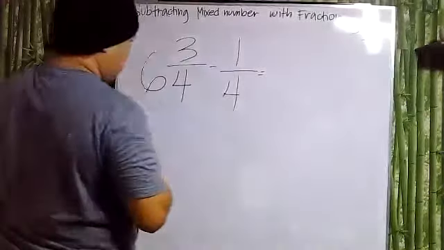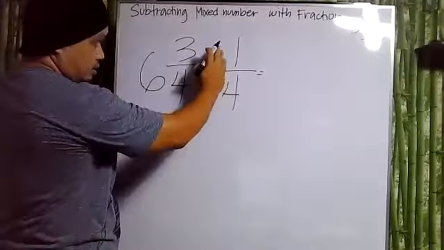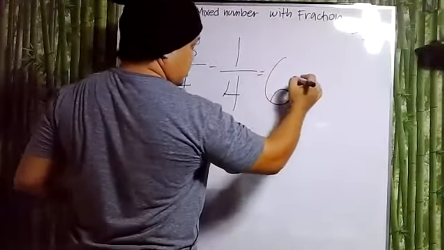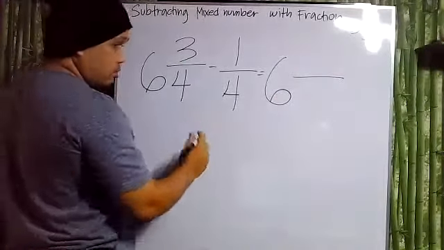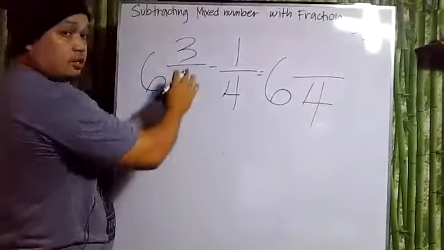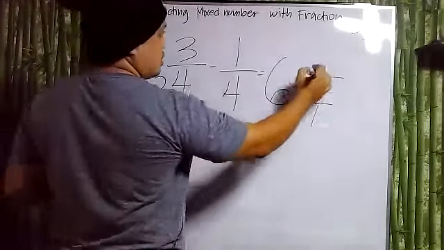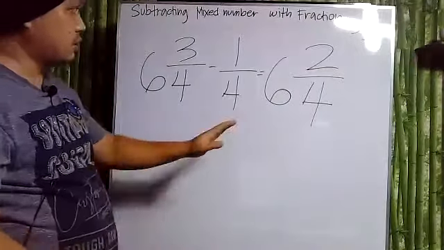Now 6. Let's answer this. 6 minus nothing is 6. Now just copy their denominator, which is 4, and subtract their numerators, which is 3 minus 1 is 2. So it becomes 6 and 2/4.